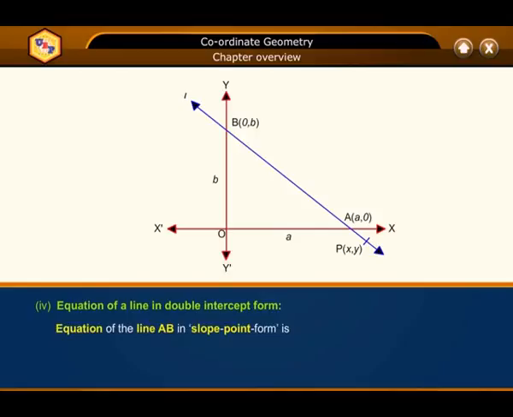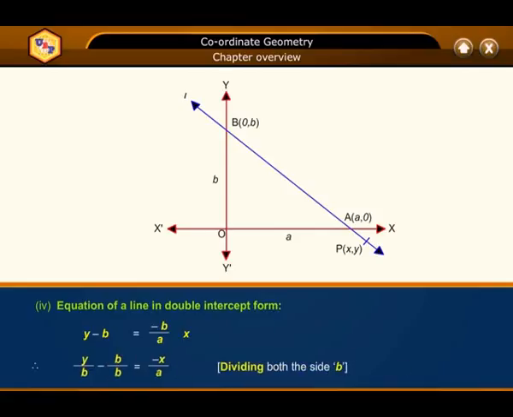The equation of the line AB in slope-point form is y minus y2 is equal to m times (x minus x2). So y minus b is equal to minus b by a times (x minus 0), here y2 is equal to b and x2 is equal to 0. y minus b is equal to minus b by a times x. Dividing both sides by b, y by b minus b by b is equal to minus x by a.